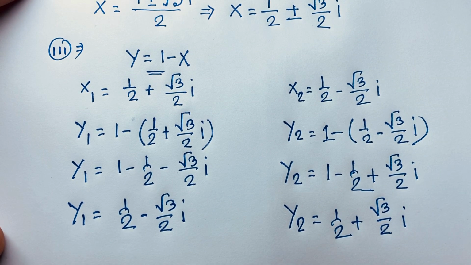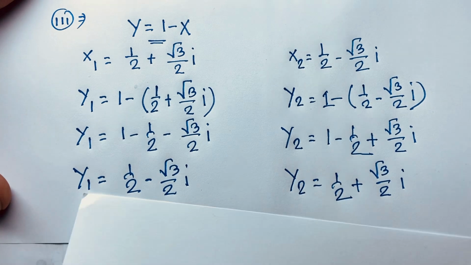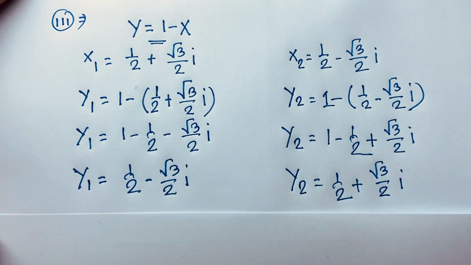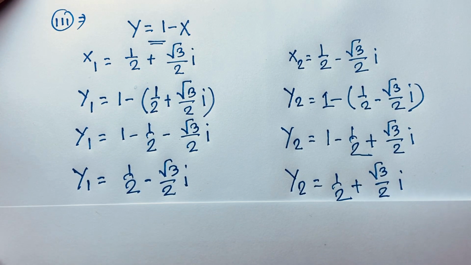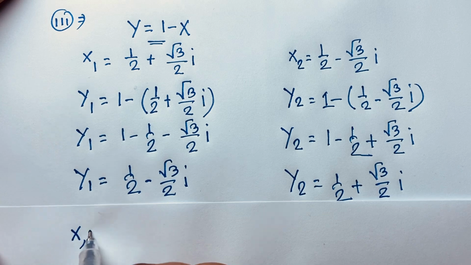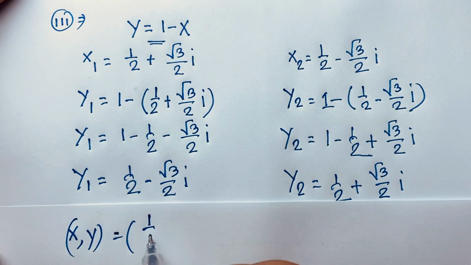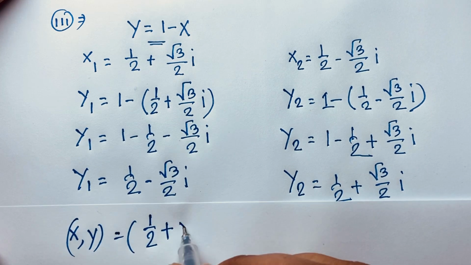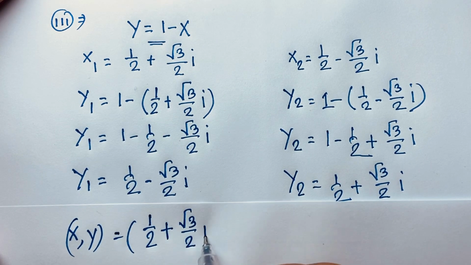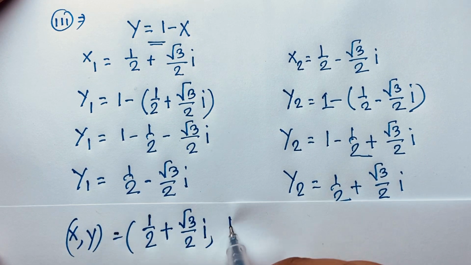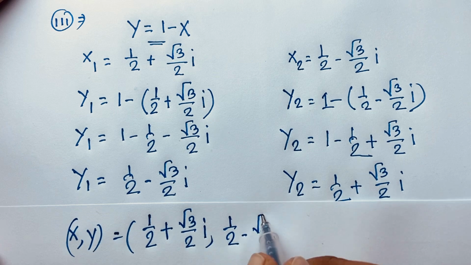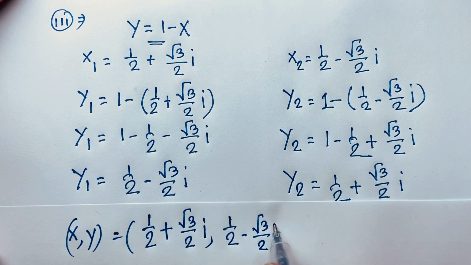So we'll find out a nice solution. When x is equal to 1 over 2 plus square root 3 over 2i, this time y is equal to 1 over 2 minus square root 3 over 2i.